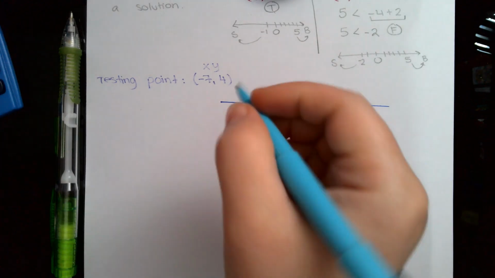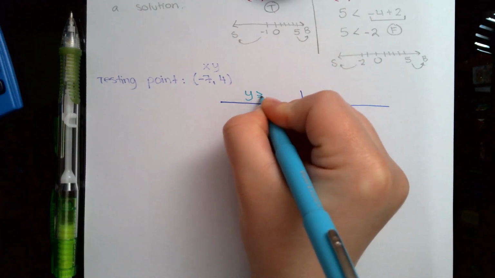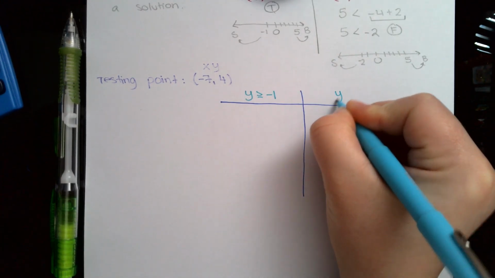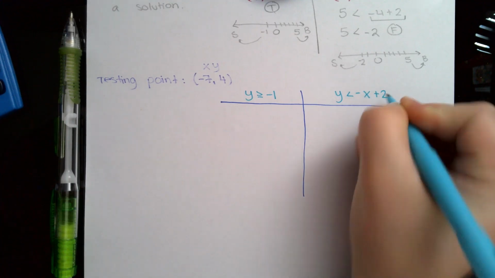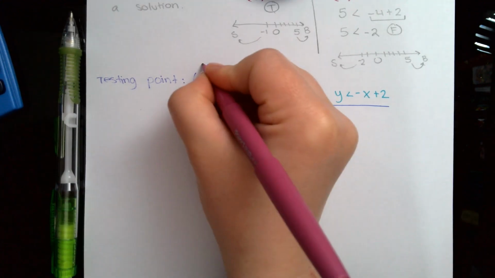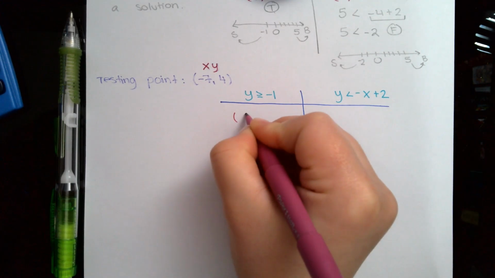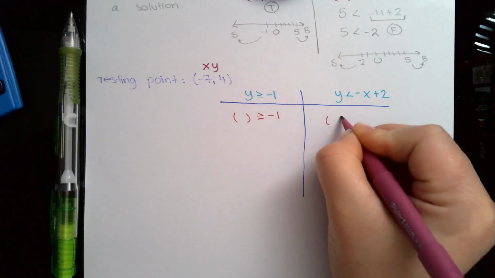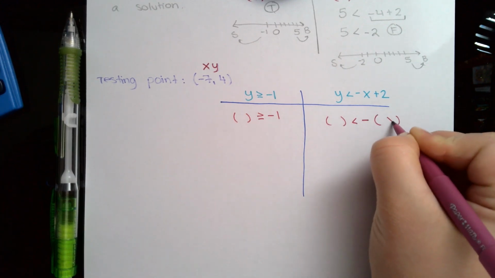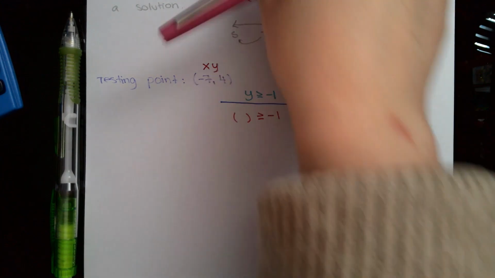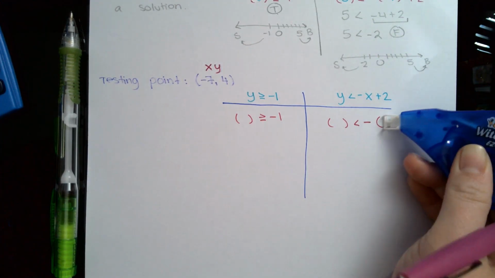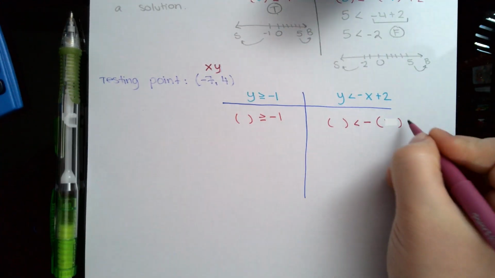All right, let's write out our inequality. We still have y is greater or equal to -1 here, and we have y less than negative x plus 2. Again, label your point x and y, open for y, and open for x. Make sure that negative is in front of the parentheses, not inside.